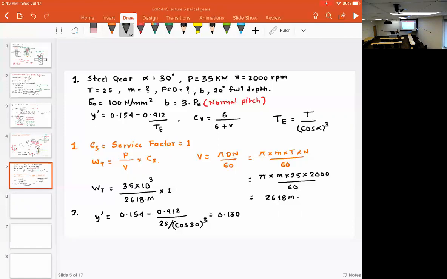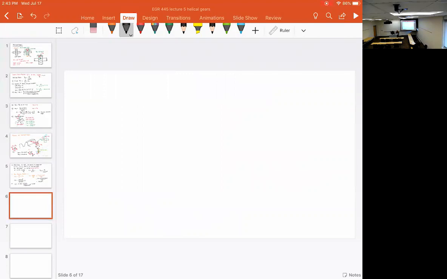0.130. So now the next part is we have to use the equation Wt is equal to sigma o multiplied by y prime multiplied by pi times m times b multiplied by Cv.